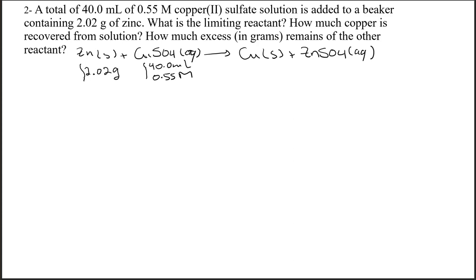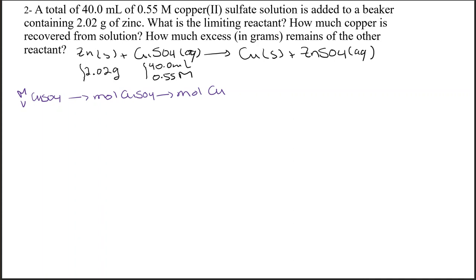Now we want to know first of all what's the limiting reactant. So to find the limiting reactant, from the molarity and volume of copper 2 sulfate, I'm going to find moles of copper 2 sulfate, and then I'm going to find moles of copper.